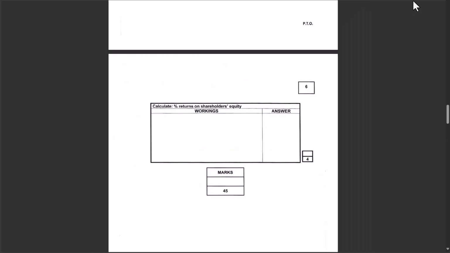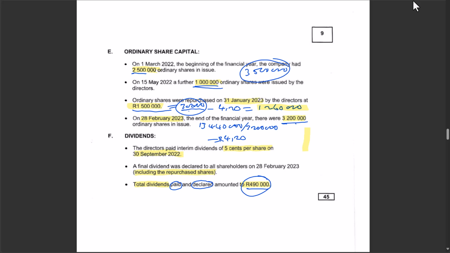Going back to our question here, you need to pay attention to the formulas that are given in the question. I'll scroll down to those formulas, we can open them and see them.